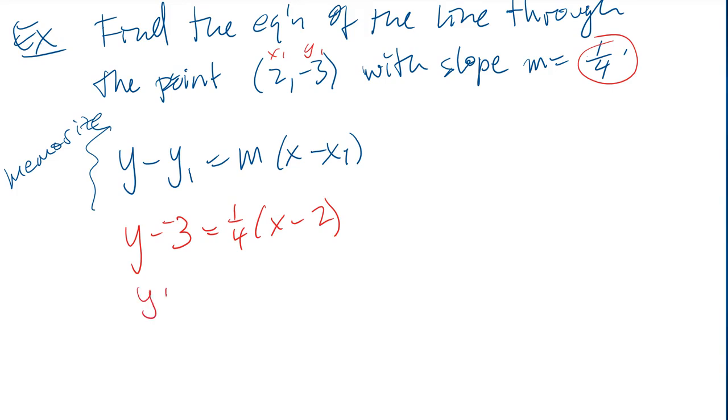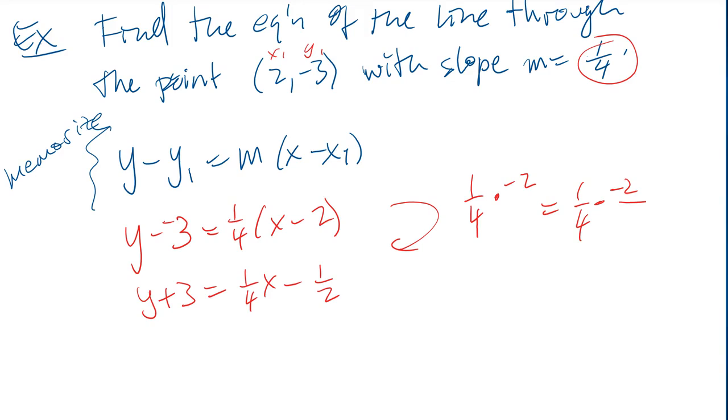So you get y plus 3 equals, and now I'm going to multiply that 1/4 through. 1/4 times x is x/4, and 1/4 times -2 is the same thing as -2/4, which is -1/2. And there you have it.